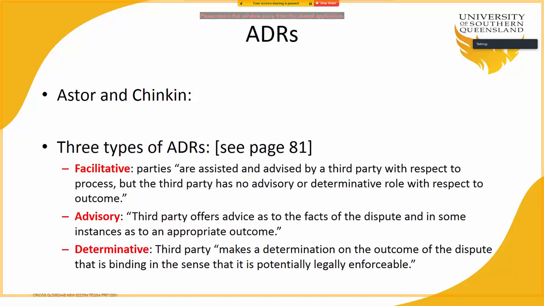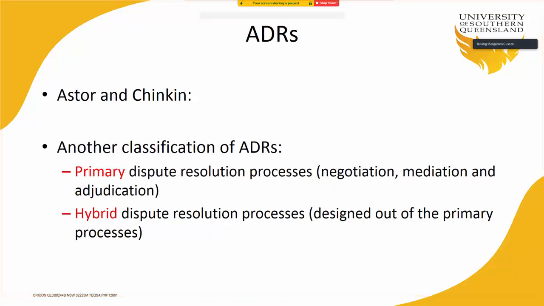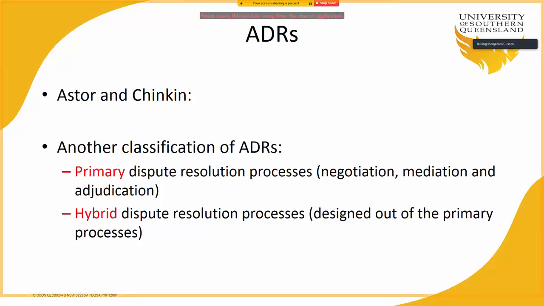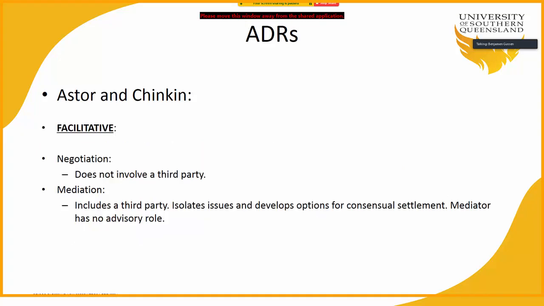Again, the 3 types, similar to what we have in our textbook, and they go beyond that to talk about hybrid types. You're welcome to use these hybrid dispute resolution processes because they are in chapter 3, this required reading. So I'm happy for you to go there. We talked about these different types and how they differ on the third party.